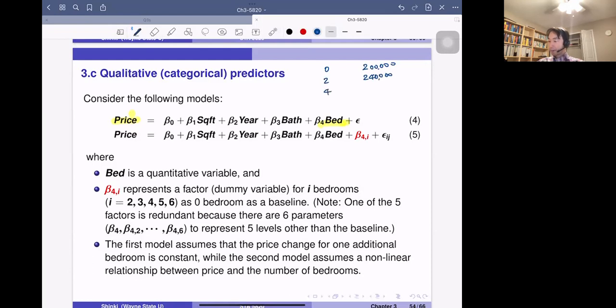Then for 4 bedrooms, that should be 280, and for 6 bedrooms, 320,000. So this is a linear relationship.